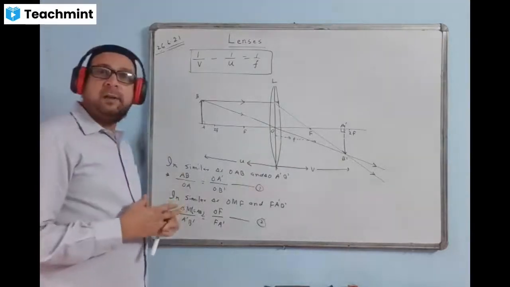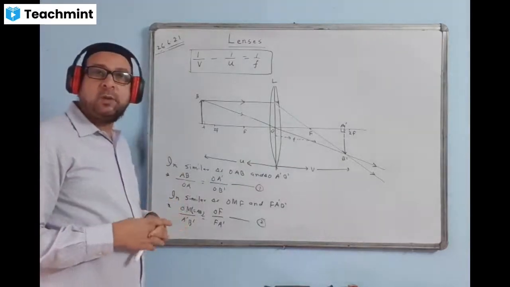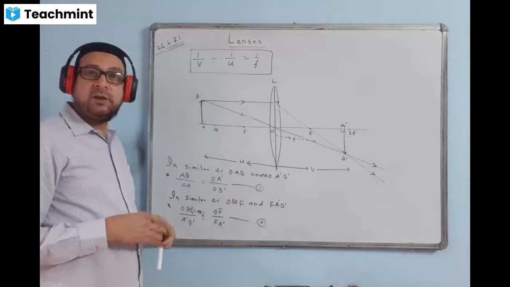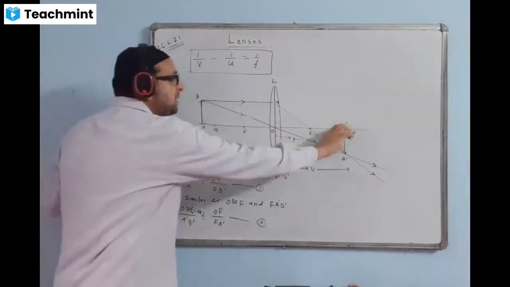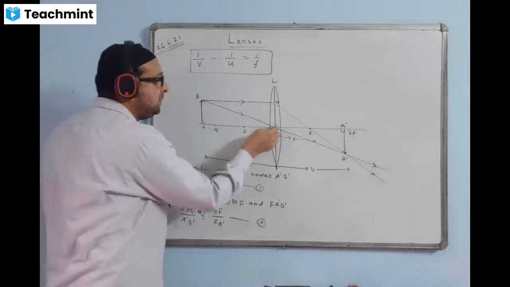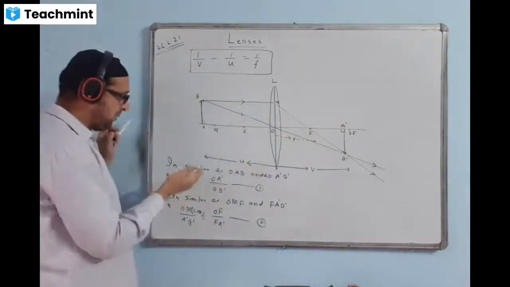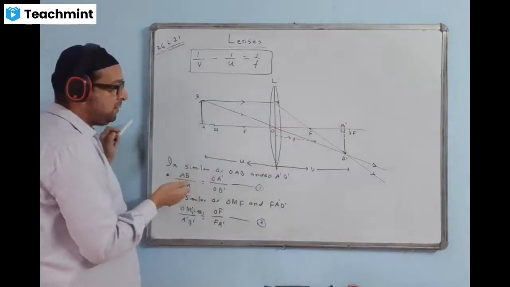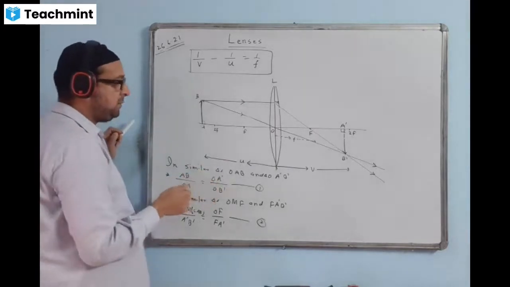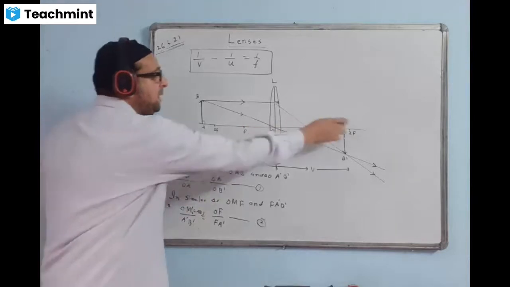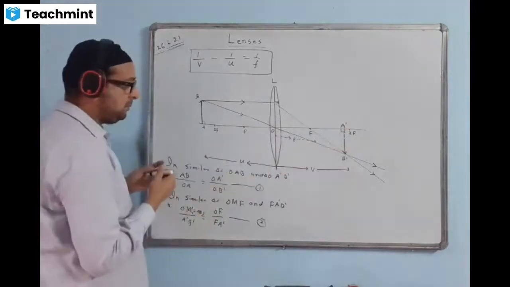Once the triangles are similar, what happens to the corresponding sides? The ratio of corresponding sides, AB and A dash B dash, we write this by this. AB by OA is equal to A dash B dash by OA dash.